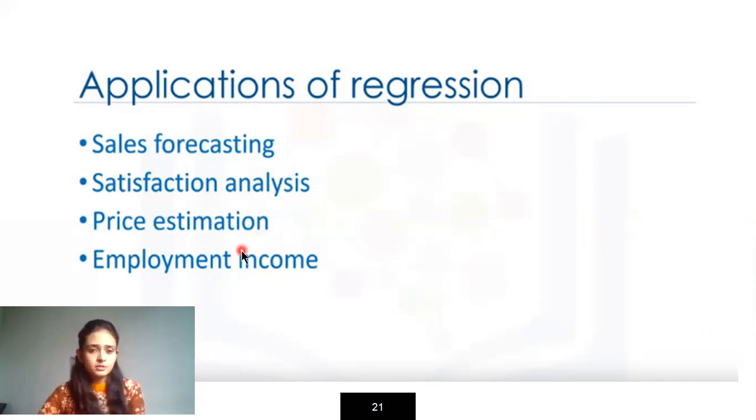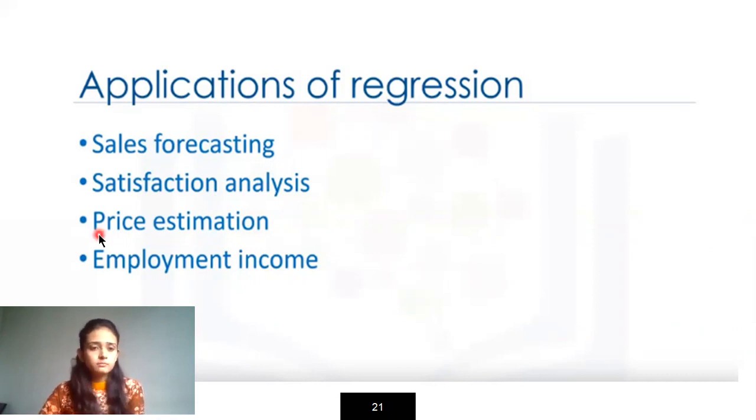In price estimation, suppose I give the example of house price prediction, taking the example of Ahmedabad. In Ahmedabad there are loads of houses, and those houses have different qualities, like the size of the living area, the total number of rooms, how far the house is from public transportation, and whether a hospital is nearby or not.